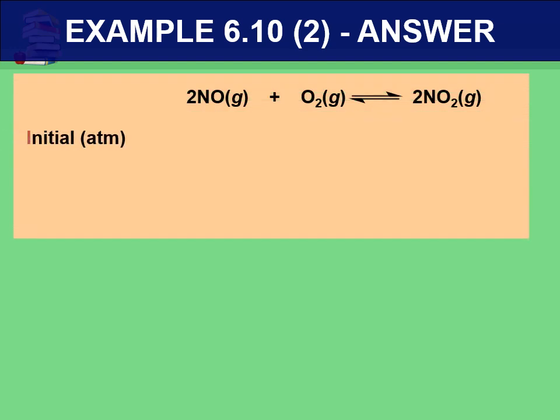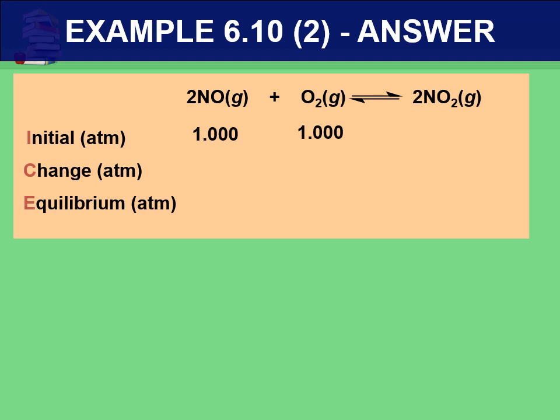First step is writing down the balanced equation. 2NO plus O2 becomes 2NO2. Then we write the initial pressure for each gas given by the question, which is 1 atm for each of the reactants, and at the moment there is no pressure for the product yet.